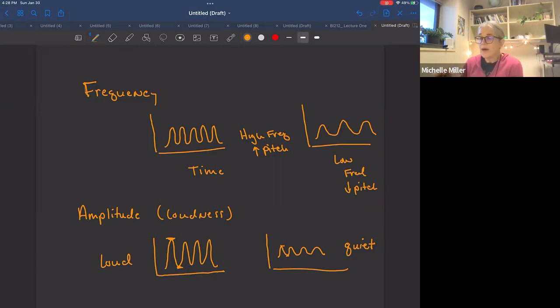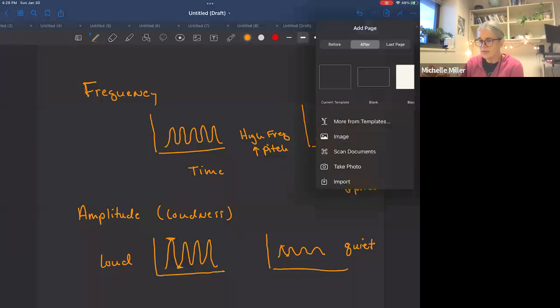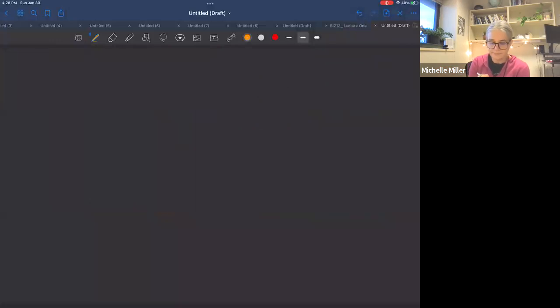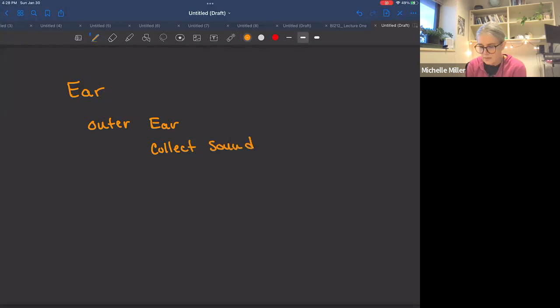So we can talk about what is picking up these sound waves. So we can talk about the structure of the ear. When we talk about the structure of the ear, we have the outer ear. This functions to collect sound waves. We have the middle ear.